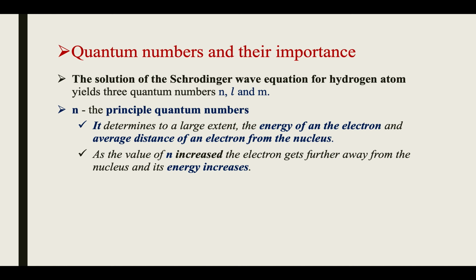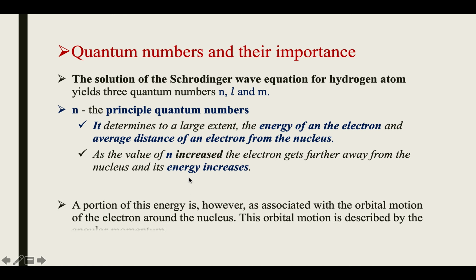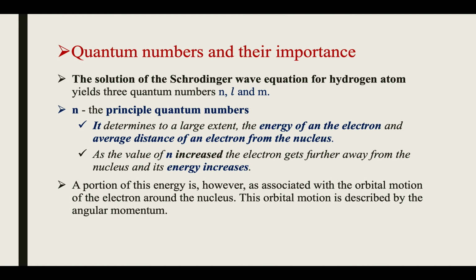As n increases, the electron gets further away from the nucleus and its energy increases. A portion of this energy is, however, associated with the orbital motion of the electron around the nucleus. This orbital motion is described by angular momentum.